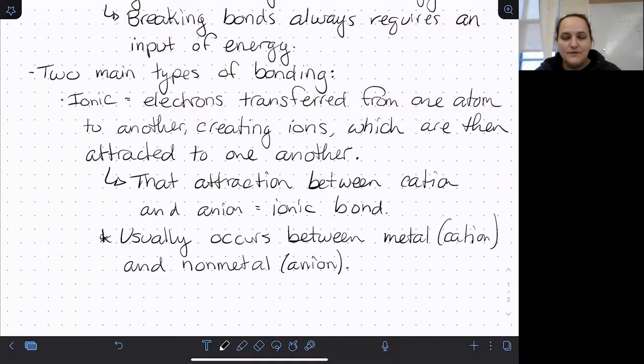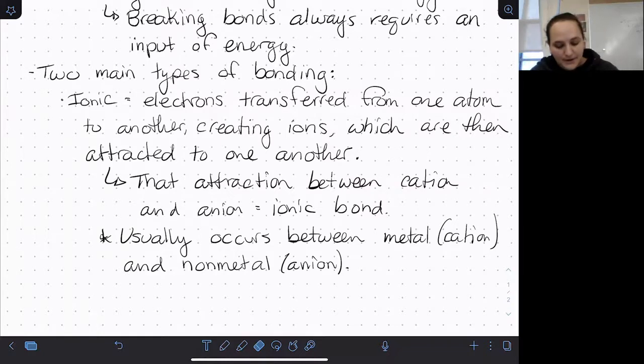If you think back to what we've talked about with metals versus nonmetals and things forming charges on the periodic table, it just so happens that all of the things that tend to form positive charges are metals, and all of the things that tend to form negative charges are nonmetals. So this idea of a metal with a nonmetal pairing up to create an ionic compound should flow logically from what we've talked about so far.